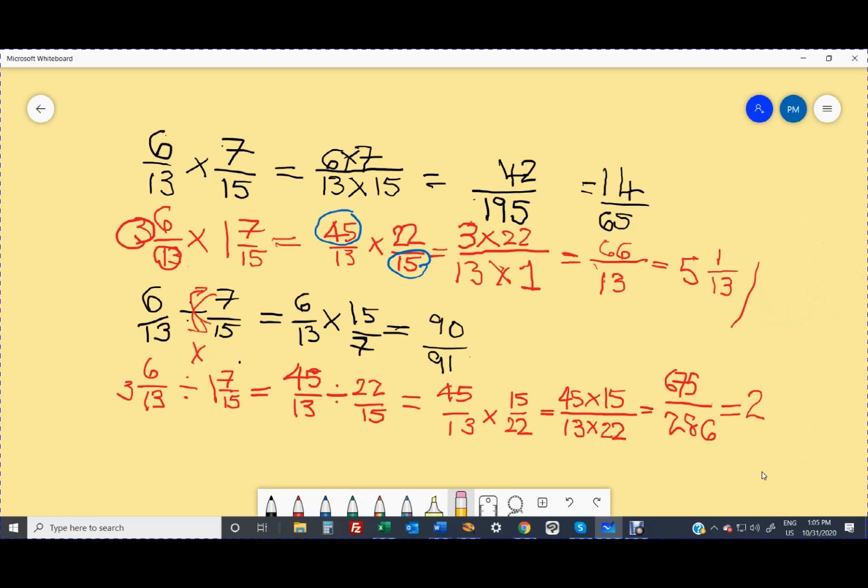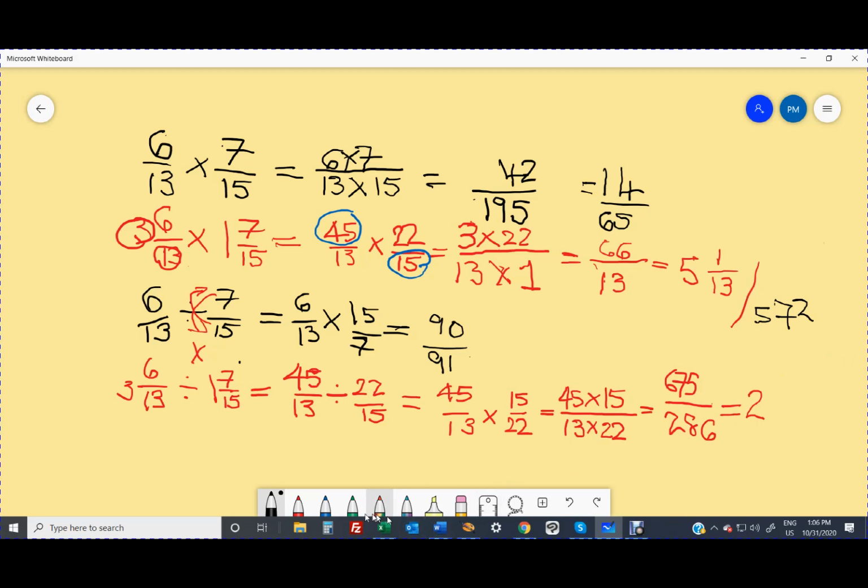So we got 286 times 2. 2 6s are 12. 2 8s are 16, 17. And 2 2s are 4, 5. So 572 from 675. That's easy. That's 103. So here we are. We have the answer.